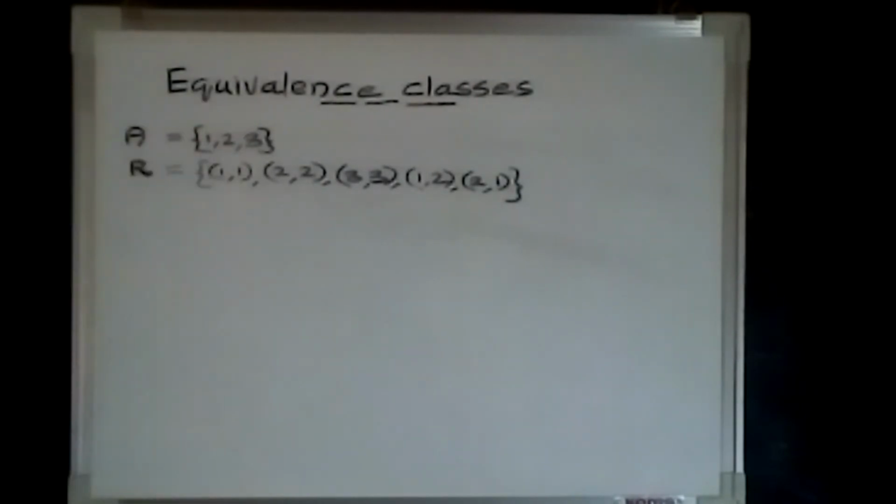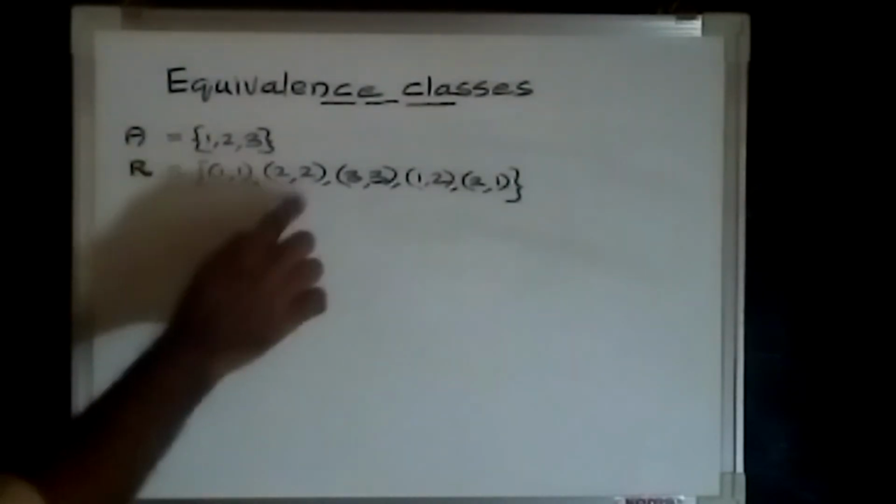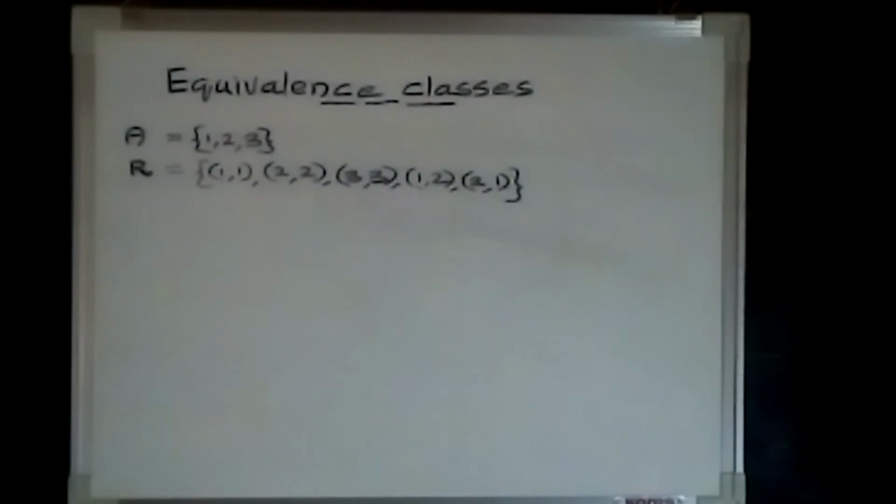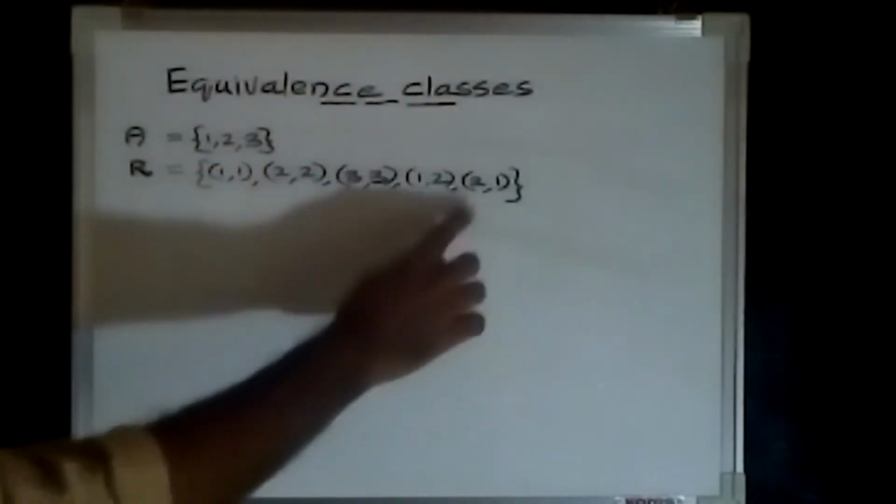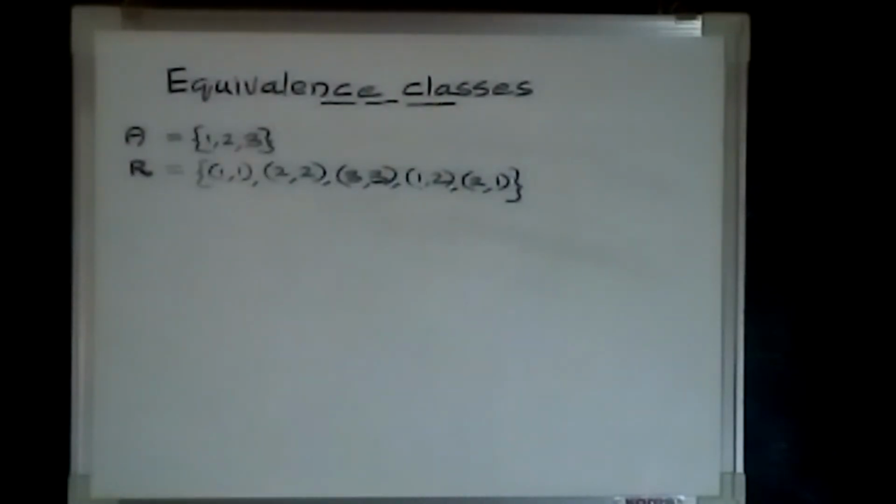Let A equal the set {1, 2, 3}. R is a relation defined in A which contains the ordered pairs (1, 1), (2, 2), (3, 3), (1, 2) and (2, 1). Clearly it is an equivalence relation, and we can check. It is reflexive: (1, 1), (2, 2), (3, 3) belong to the set. Whenever (1, 2) belongs to the set, (2, 1) is also there, so it is symmetric.